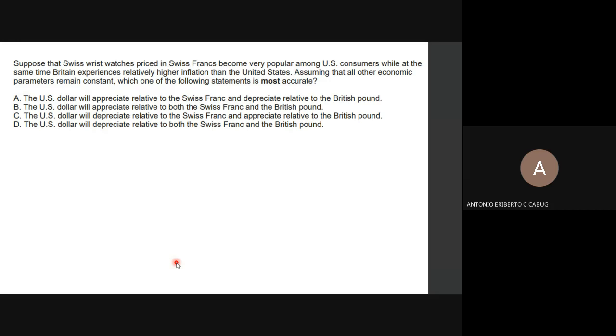Also, as discussed last meeting, whichever currency experiencing the higher rate of inflation will experience a depreciation of the currency. Very good. The answer is C. The US dollar will depreciate relative to the Swiss franc, appreciate relative to the British pound. Okay, very good, everyone. The correct answer is C.